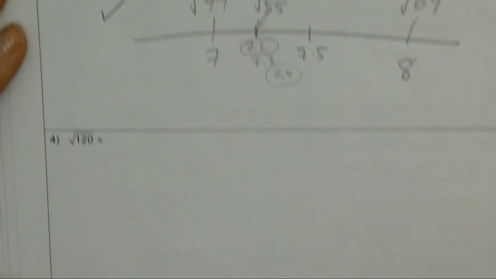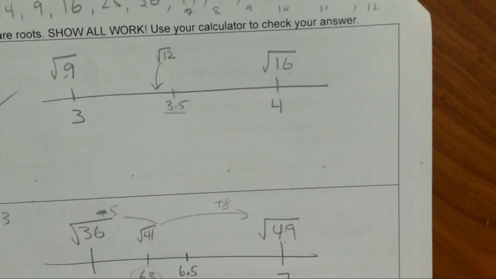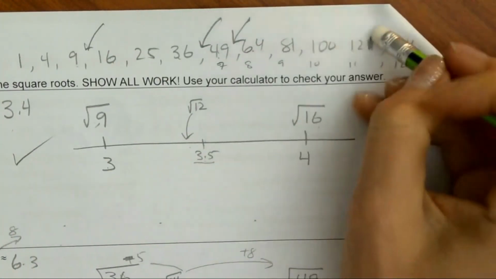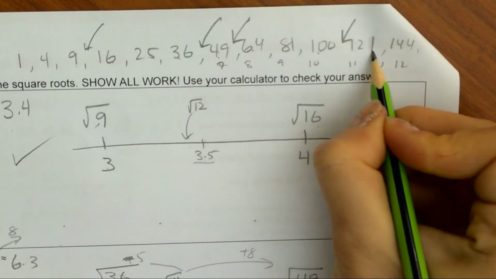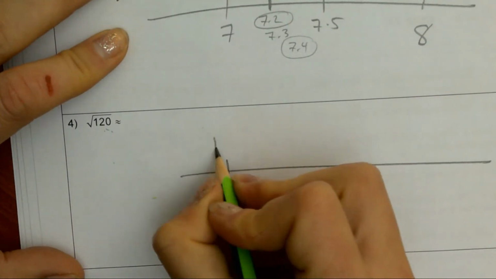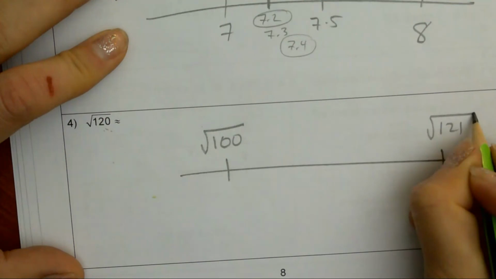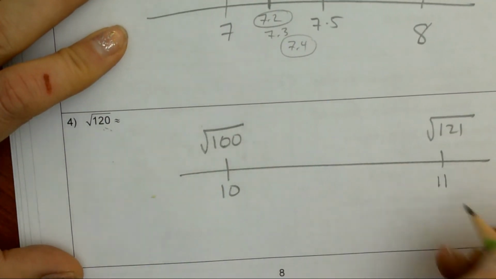Okay? Let's look at 120. The square root of 120. That's close to 121, so it's smaller. So it's here between 100 and 121. So let's make our ruler 100 and 121. This is 10 times 10, and this is 11 times 11.